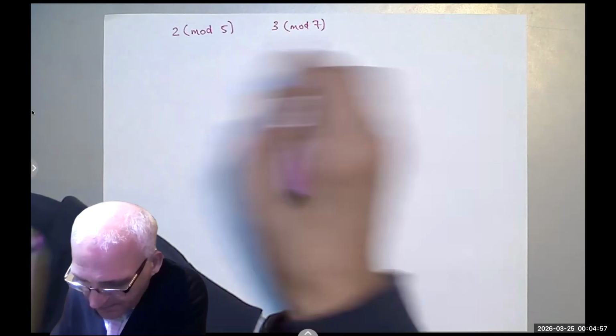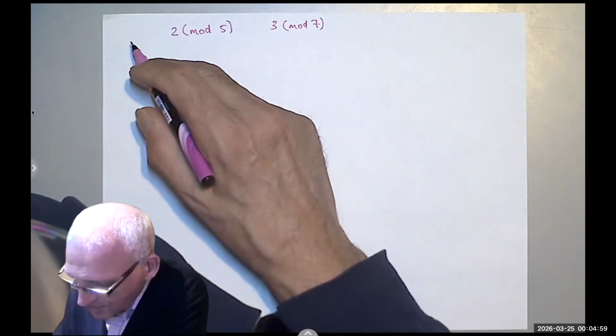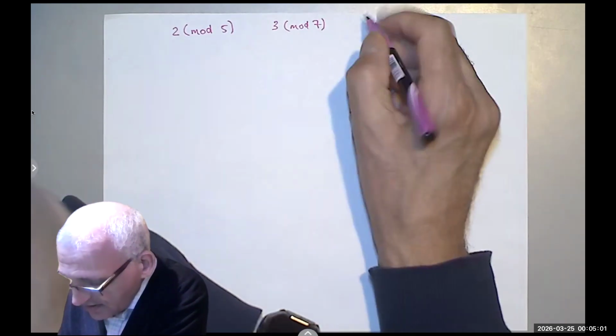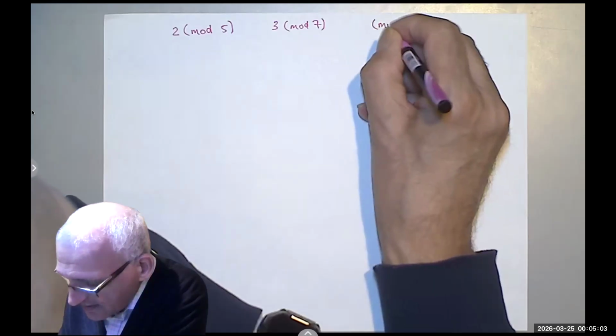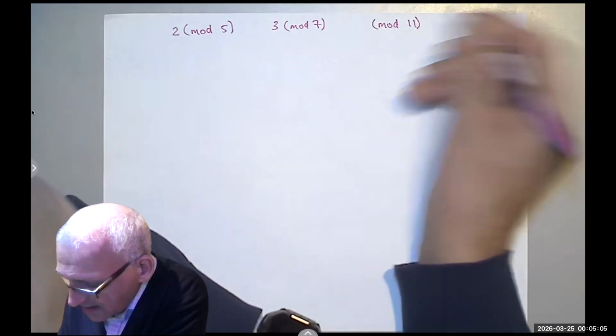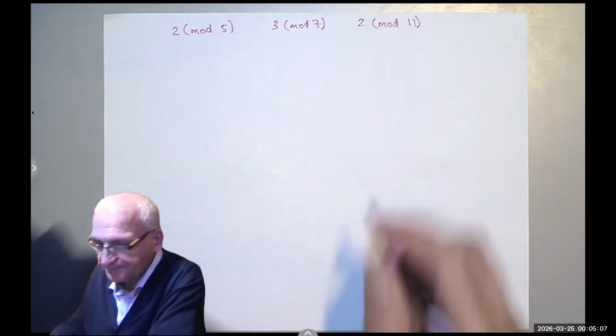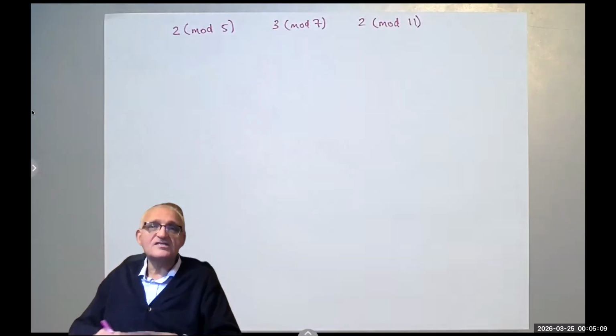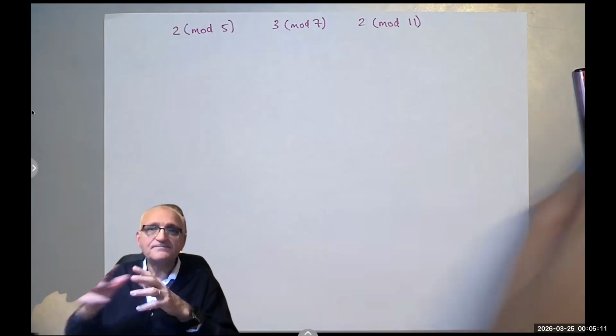And then I can pick 11. Maybe if I divide it by 11, I get, let's say, 2. What is the smallest number that satisfies that?